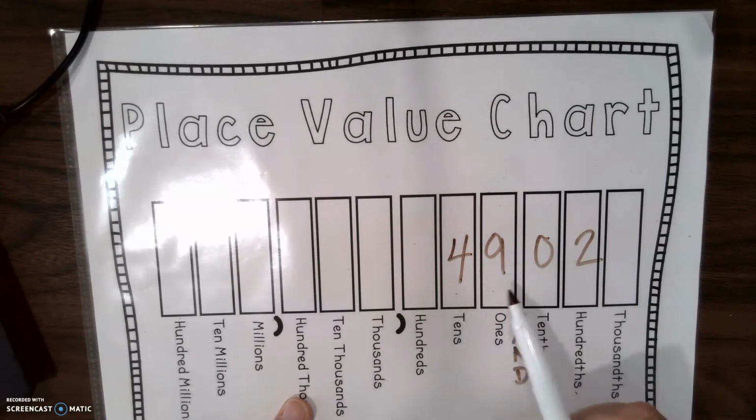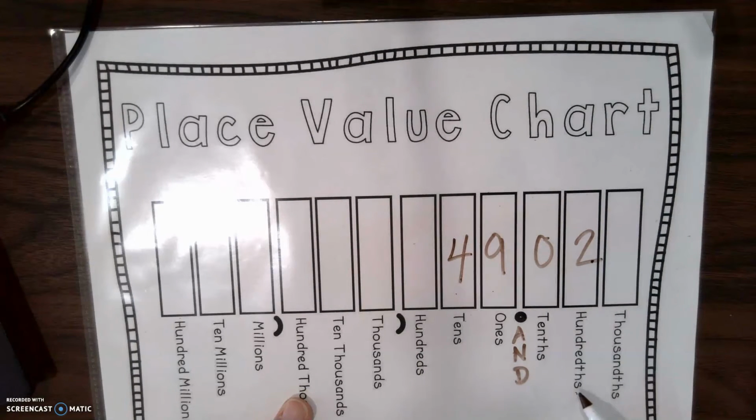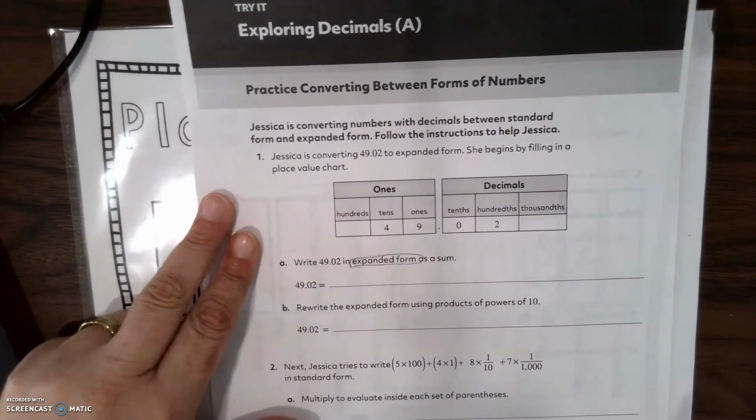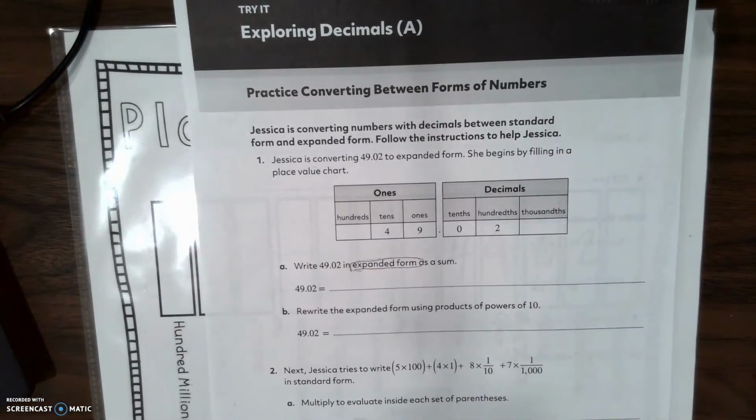So 49 and 2 hundredths. That's how we would read that number. 49 and 2 hundredths. Okay? So she's converting or changing 49 and 2 hundredths to expanded form.